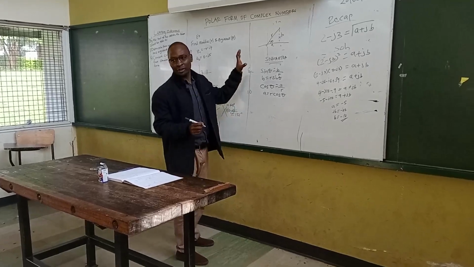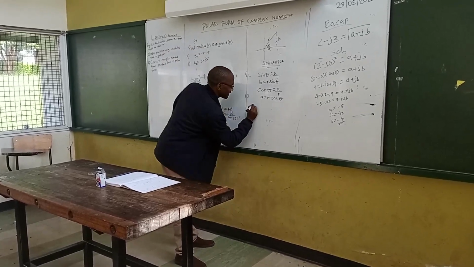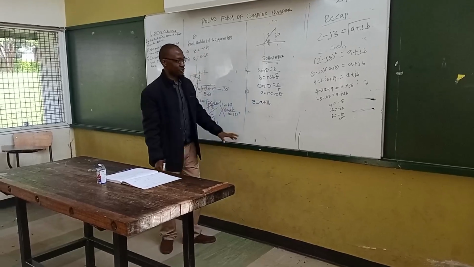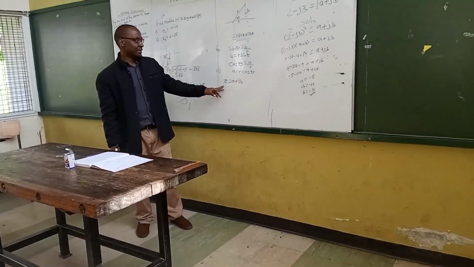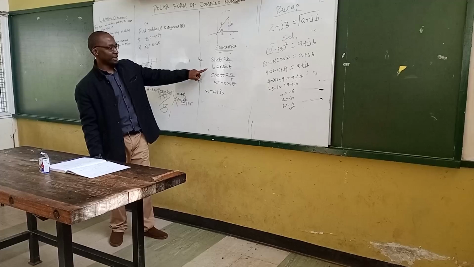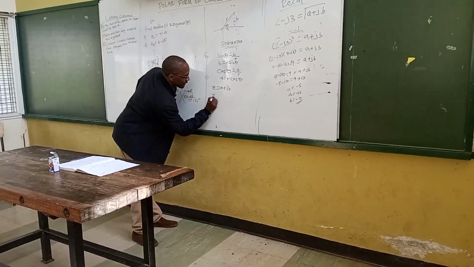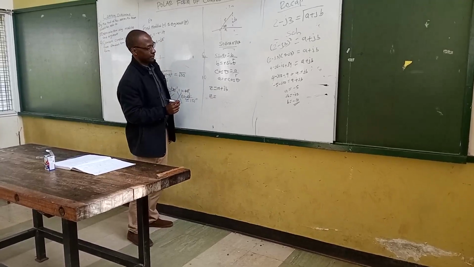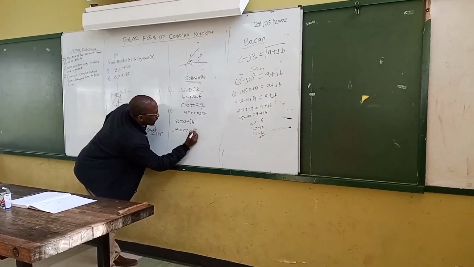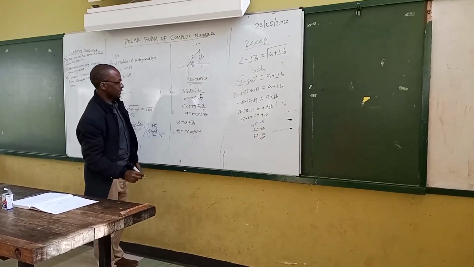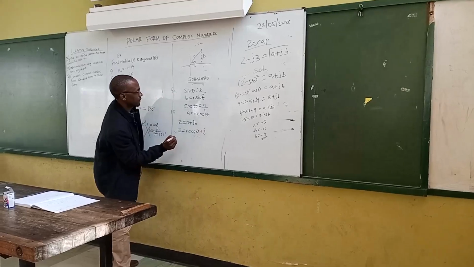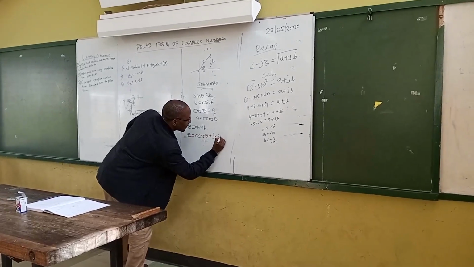From our standard complex equation, which is given by Z is equal to A plus JB, you remember this standard equation? Yes. From this, you can substitute the values of A and B. So we'll have Z is equal to R cos theta plus J R sine theta.